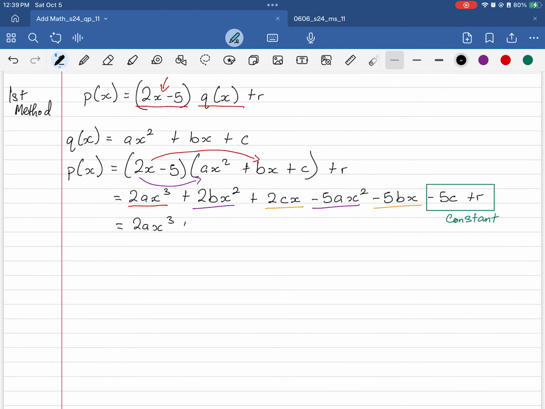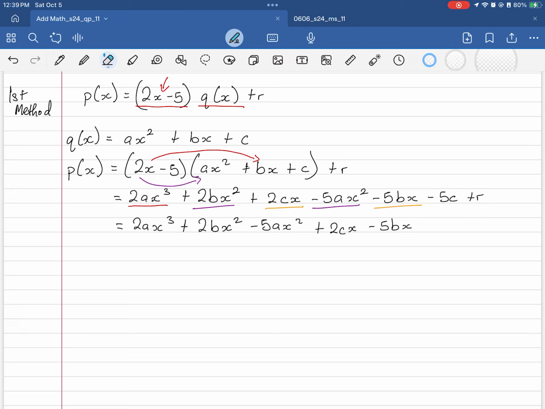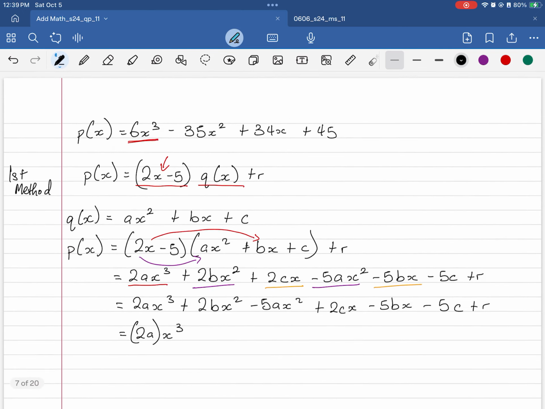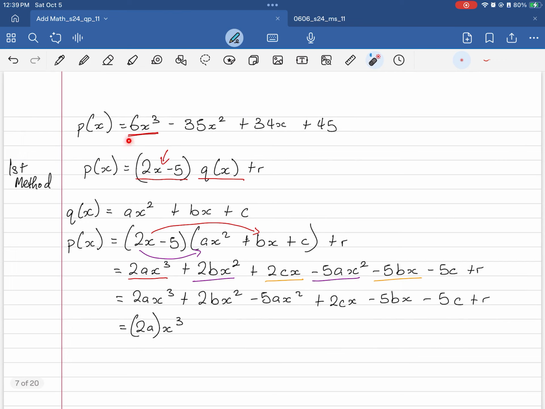Now, if we put all this together, we get 2bx squared minus 5ax squared plus 2cx minus 5bx minus 5c plus r. Like I said before, we want to group the coefficients together so we can easily compare to the original that we have here.